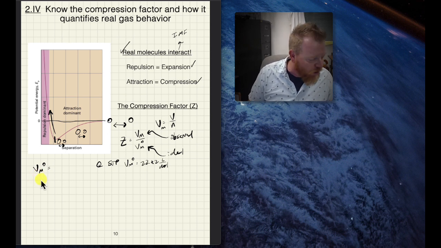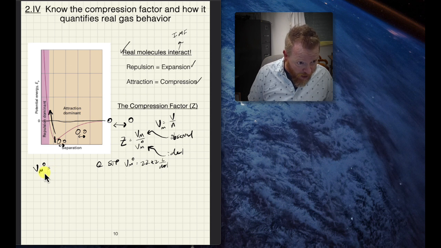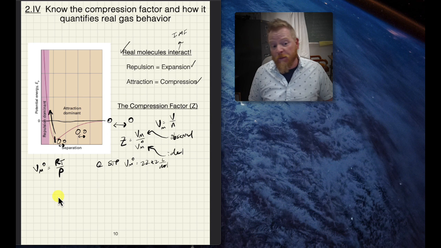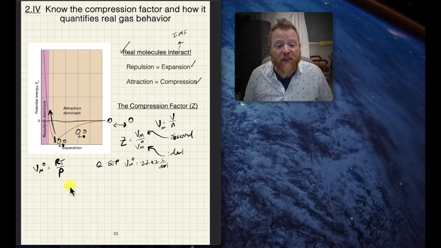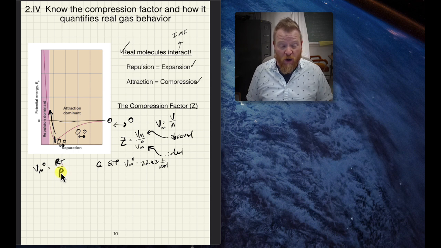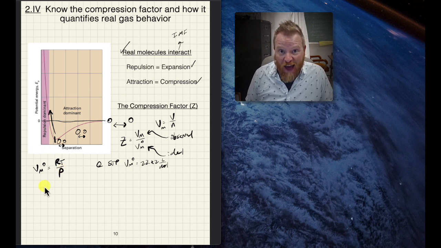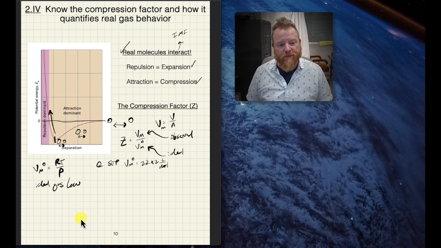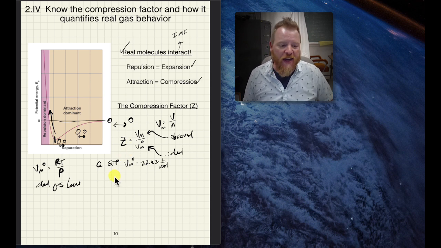So the ideal way of writing this would be Vm equals RT over P. And thus, it doesn't necessarily have to be 22.42 liters per mole. It can be whatever pressure and temperature we're at. But we note here that we've used the ideal gas equation, the ideal gas law.